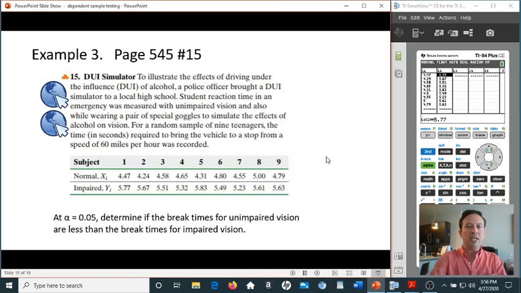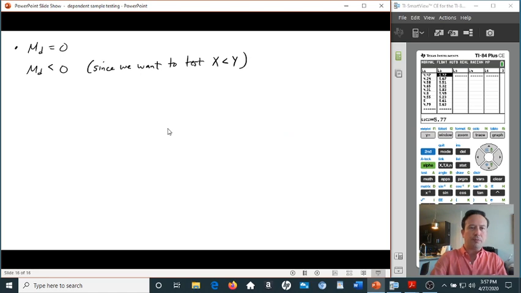And what are we interested in here? We're interested in whether X, which represents our normal driving, is less than Y, which represents drunk driving. Remember, this just refers to the stopping times for those particular drivers.